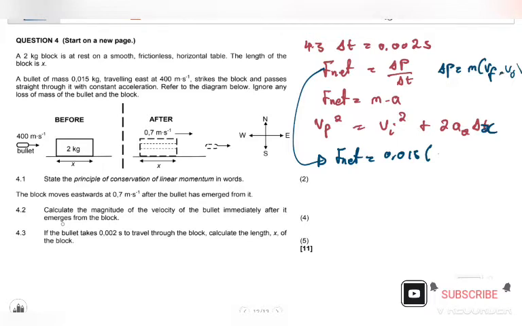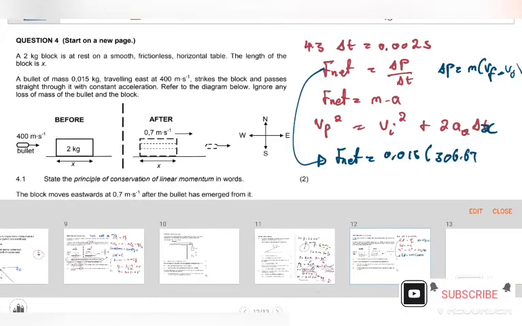So v final was 306.67. Let me confirm that. Yes, it's 306.67.